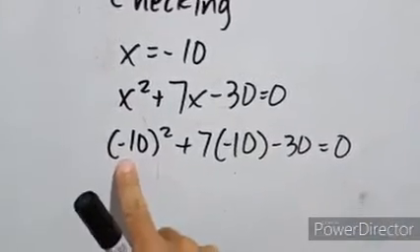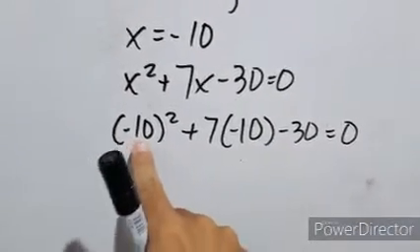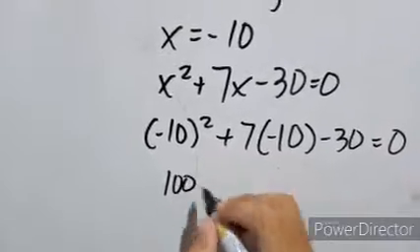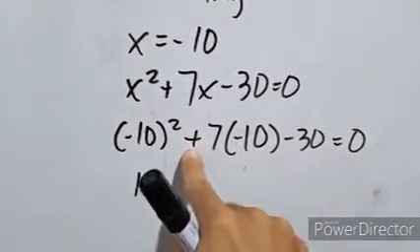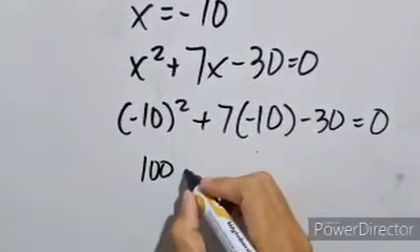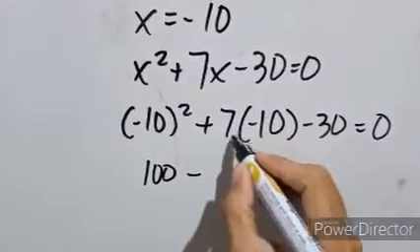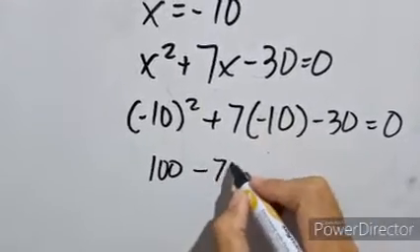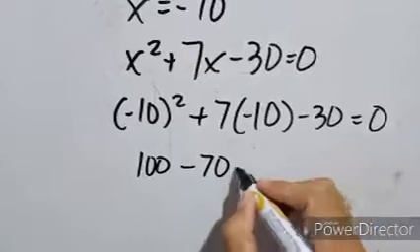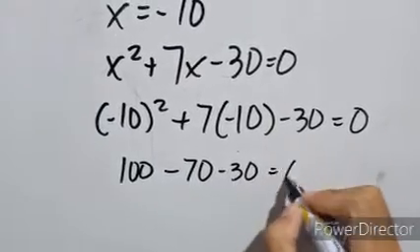So, negative times negative, positive ulit. 10 times 10 is 100. Positive times negative, magiging negative siya. Negative 7 times 10, 70 minus 30 equals 0.